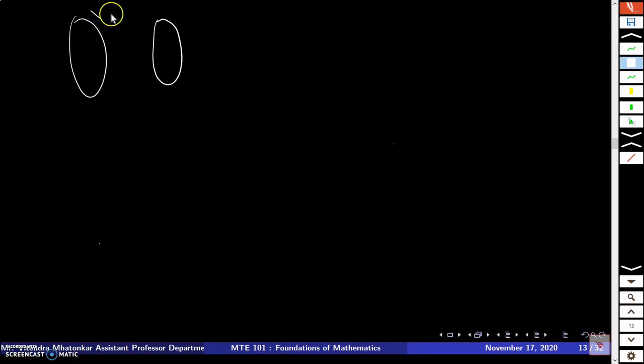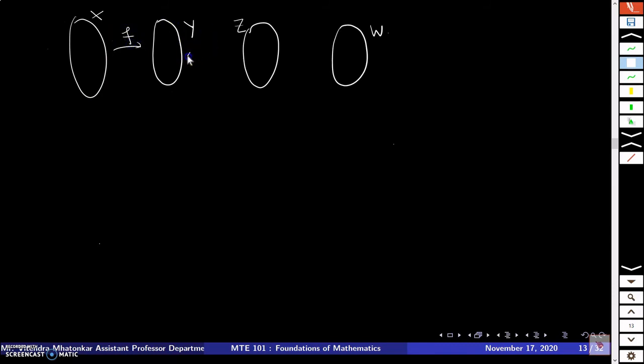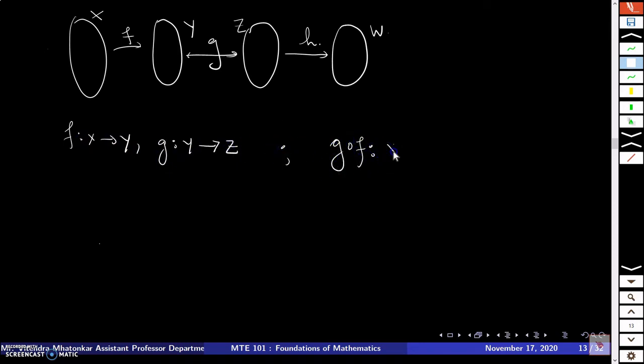So this is the set X, this is Y, this is Z, and this is W. Okay, and I have functions f from X to Y, g from Y to Z, and h from Z to W. Now f is a function from X to Y and g is a function from Y to Z. So from this, I know that g composite f is a well defined function from X to Z, right?